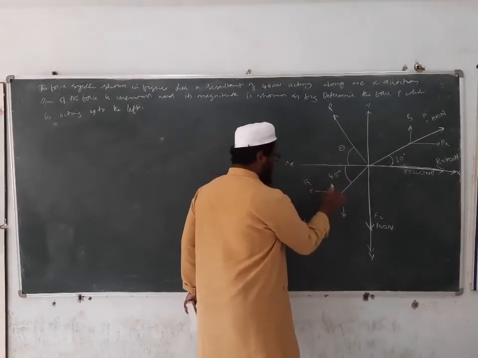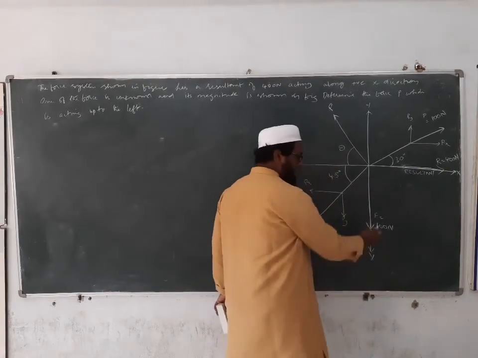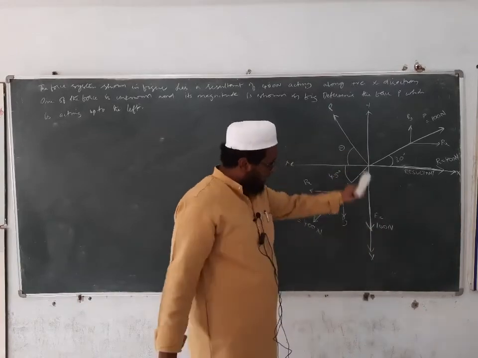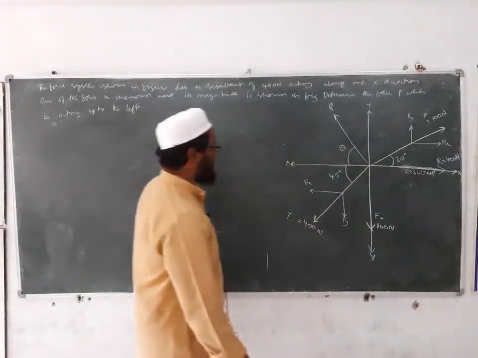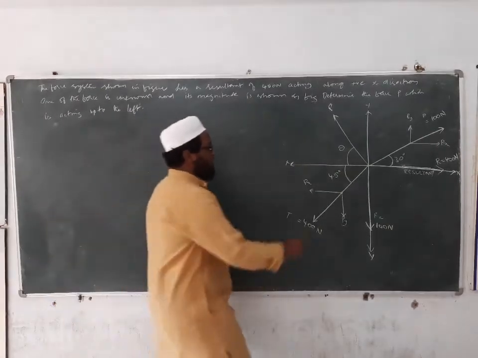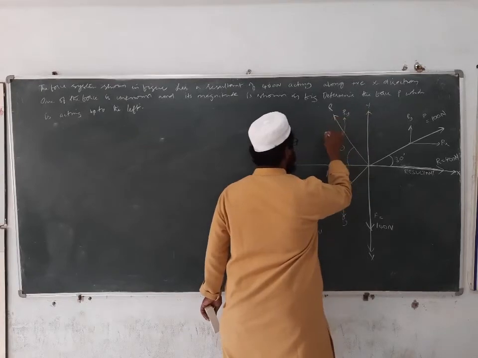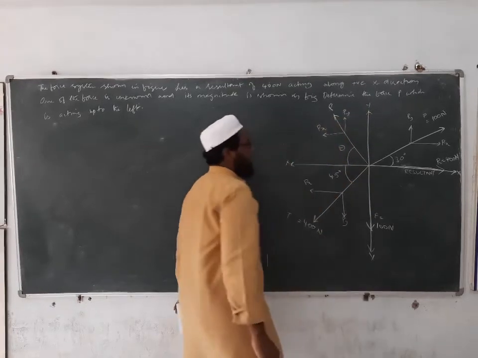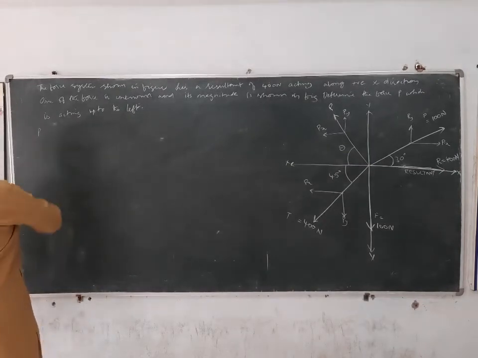Again, this is Px and Py. For this one, we don't have Fx, because this force is going in exactly downward direction, so the horizontal component will be 0. And this one also will have Py and Px.